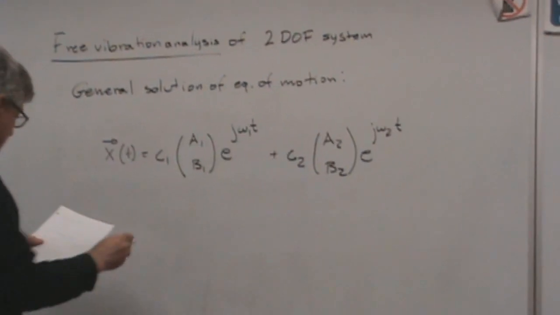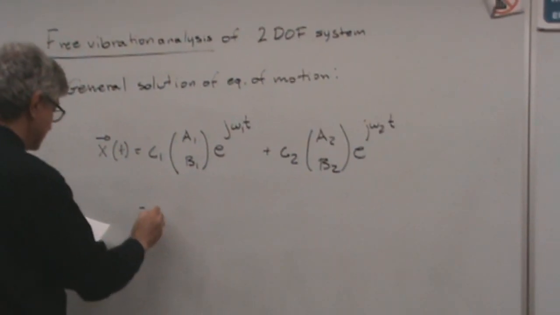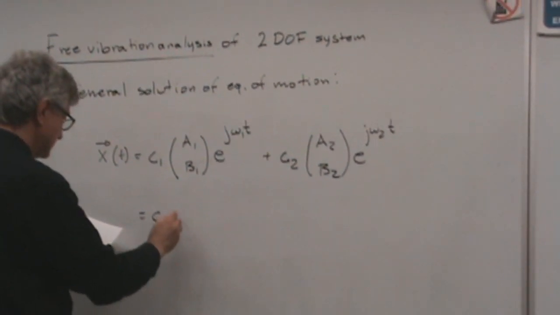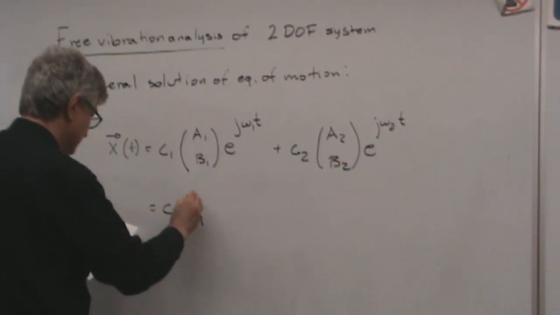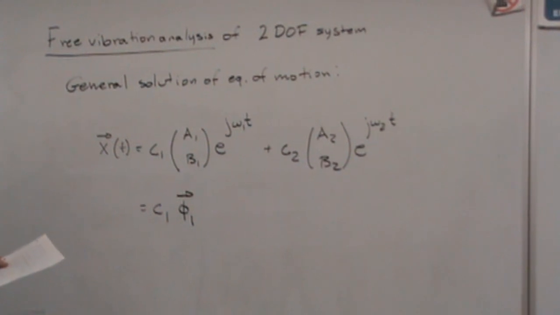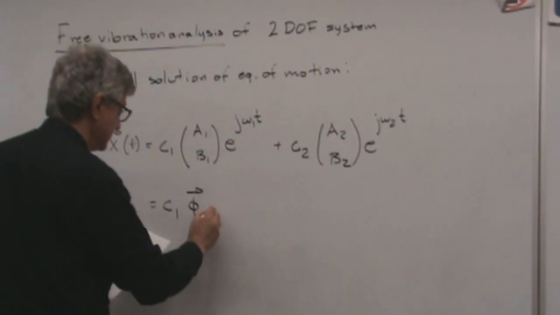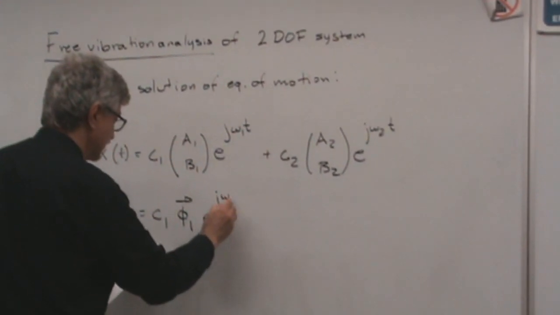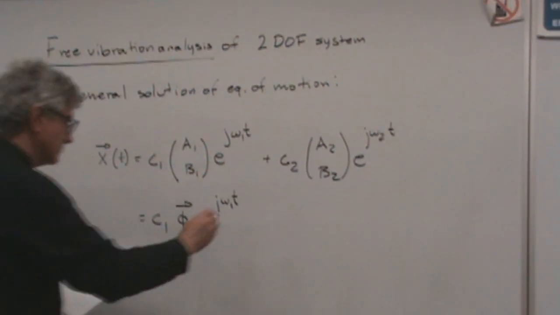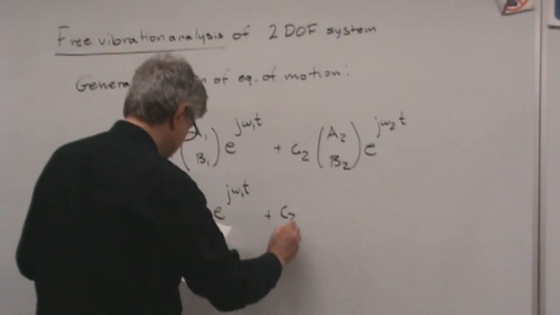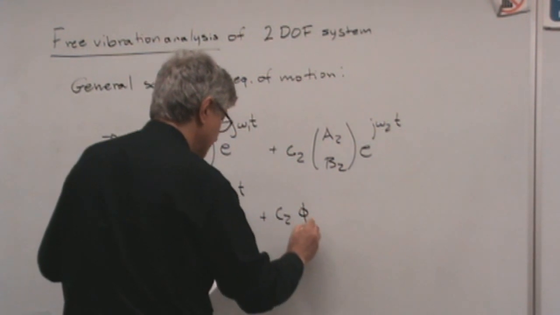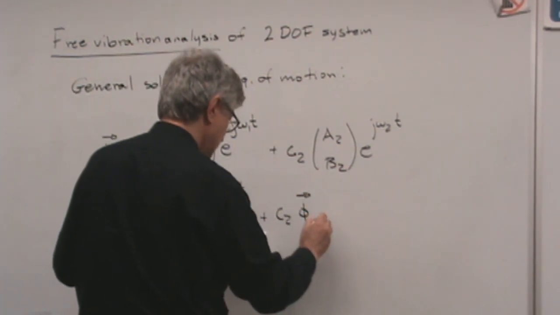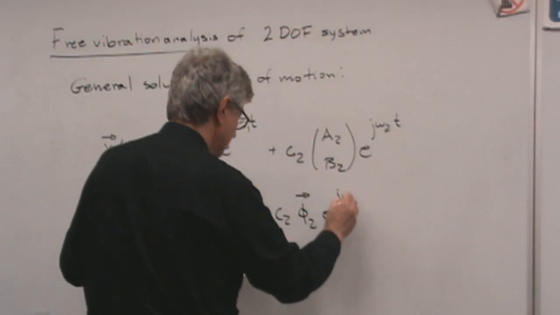Okay, and this is also written as C1 times the first eigenvector V1 times e to the j omega 1 t, plus C2 times V2, the second eigenvector, times e to the j omega 2 t.